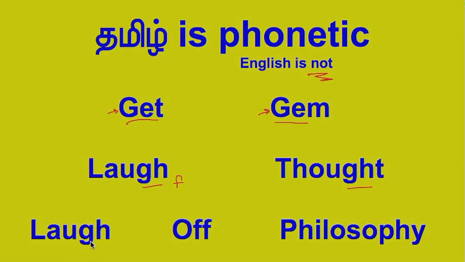And then in the last set of words, we have the words laugh, off, and philosophy, and all of these underlying letter combinations all have the F sound, but we have 3 completely different ways of making that sound. So these sources of confusion don't exist, which is a good thing.